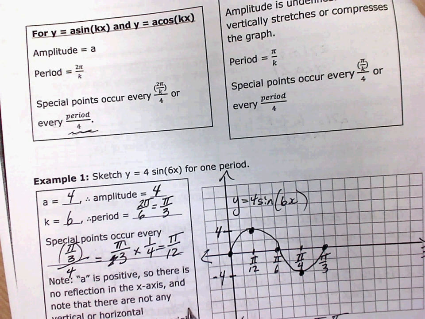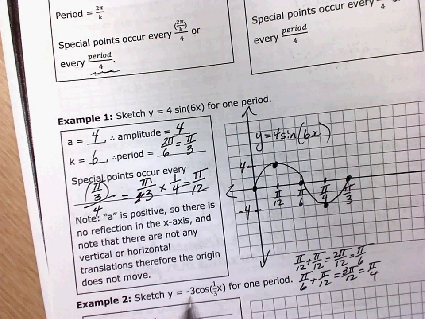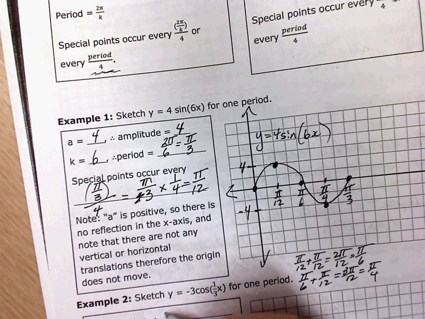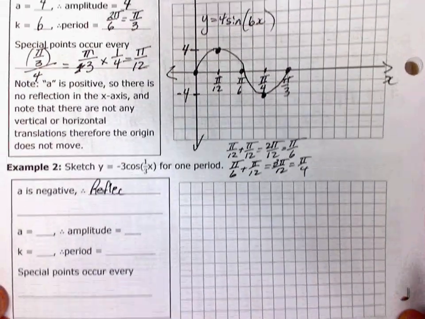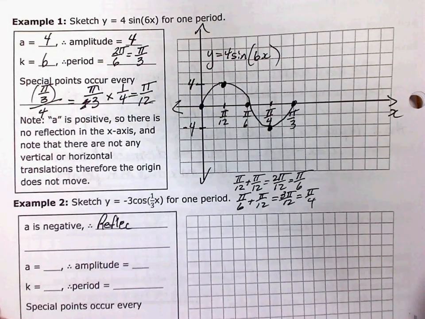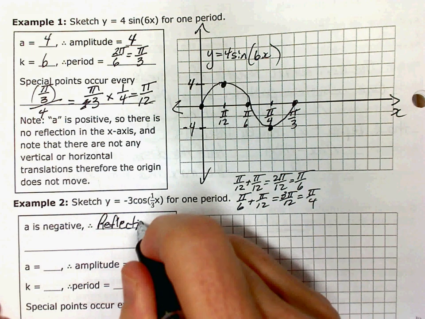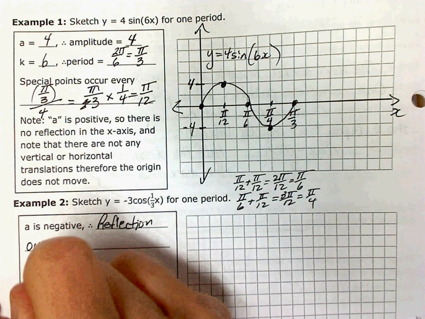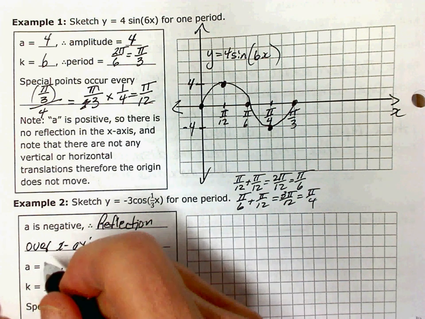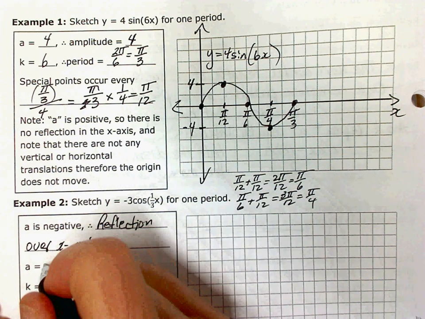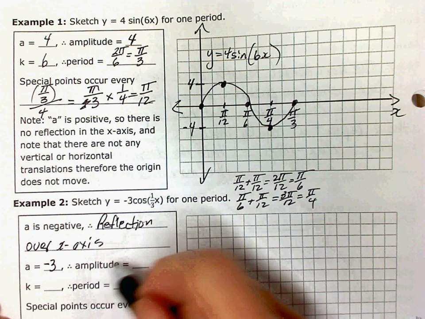Okay. All right. Notice A is negative, so we have a reflection over the x-axis. So A is -3. Therefore, the amplitude, which is always positive, is 3.